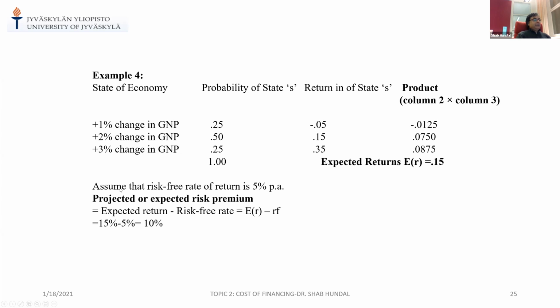Now here, if we assume that the risk-free rate of return is 5%, then the expected risk premium is 10%. So being a corporate finance manager, if you're looking at the cost of equity, you must be familiar with macroeconomics. Based on that, you will find out the different possible combinations of economic outcomes.